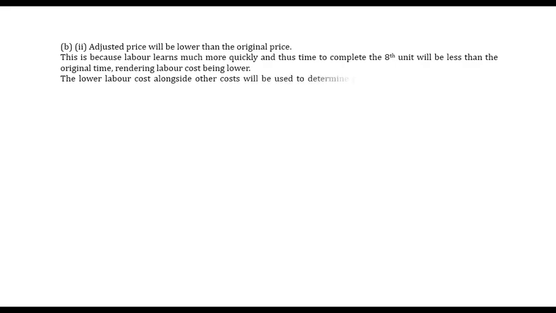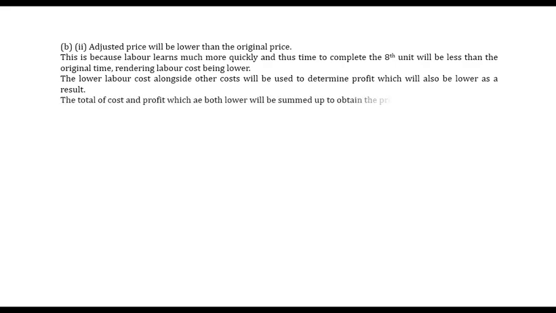The lower labor cost alongside other costs will be used to determine the profit, which will also be lower compared to the original one. So the total cost and the profit, both lower, will be summed up to obtain the price. Therefore, the adjusted price will be lower.